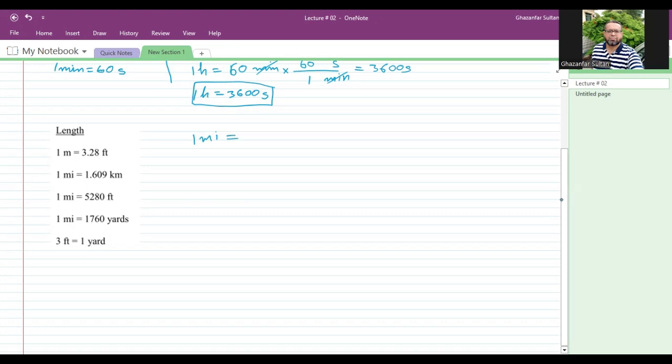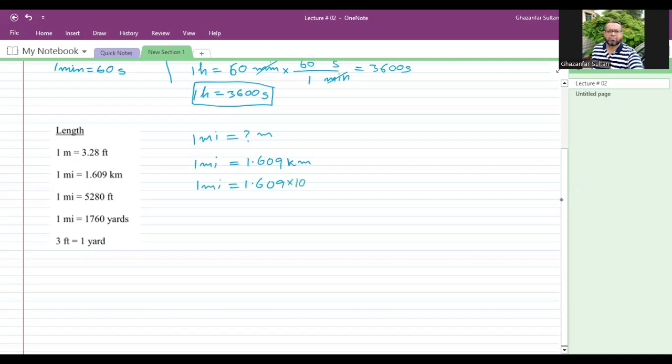1 mile is equal to how many meter? So 1 mile is equal to 1.609 kilometer. So it is very simple that 1 mile would be equal to 1.609, and instead of k, use the value of k.